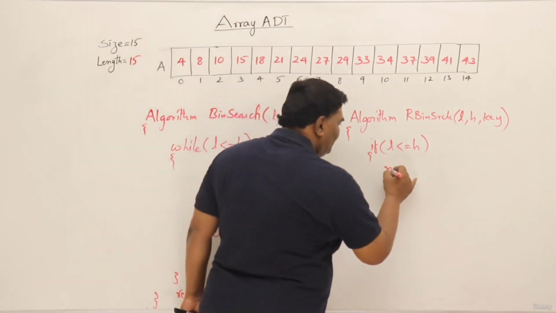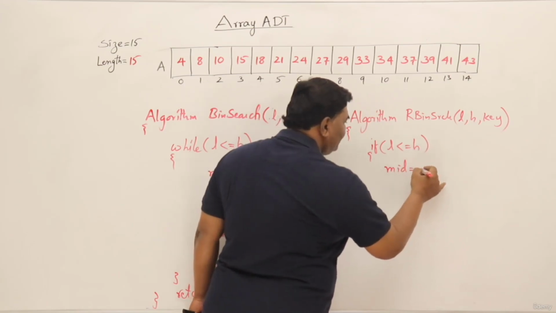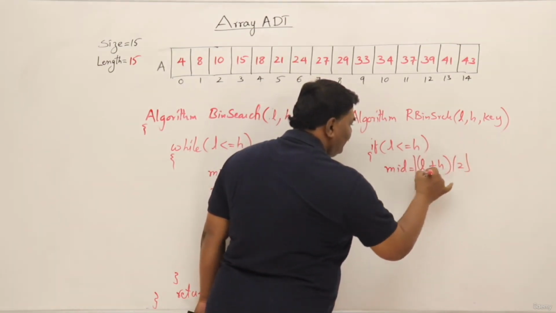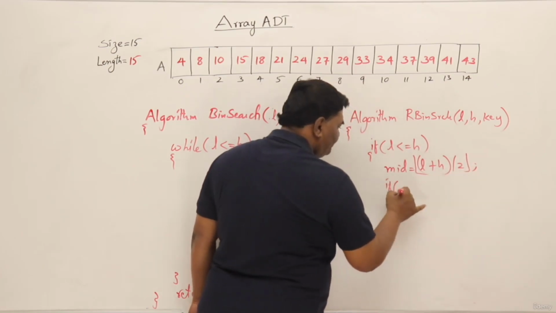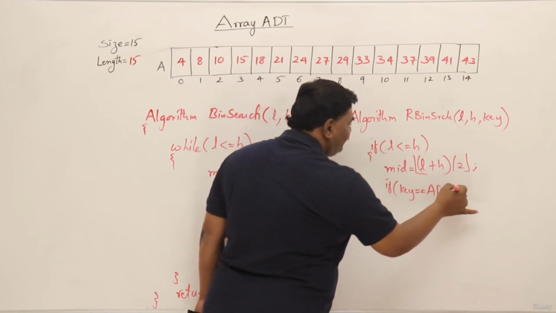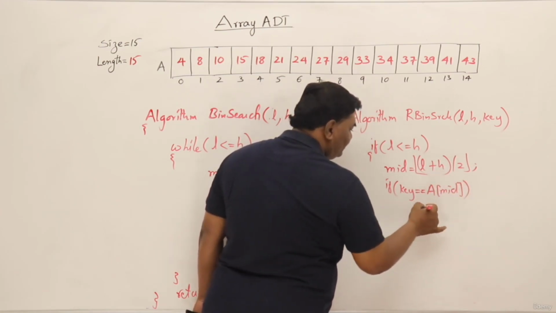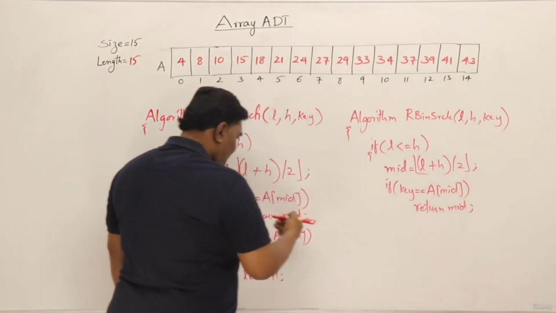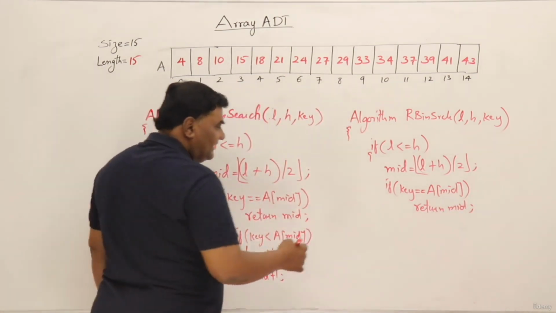Then after that we will find out mid, and mid is low plus high divided by 2, and that is the floor value. And we check if key is equal to A of mid. If so, then the element is found, so return mid. So it is almost similar.